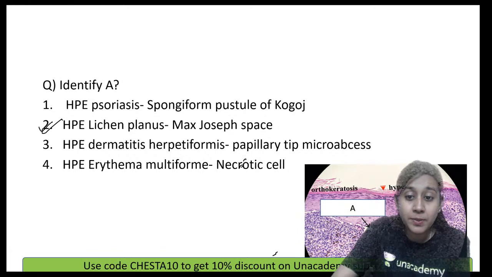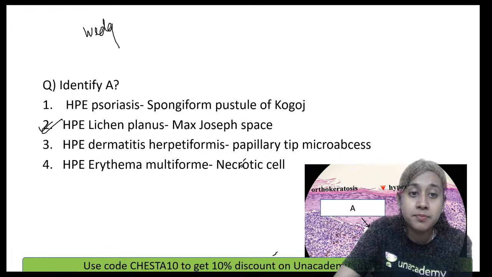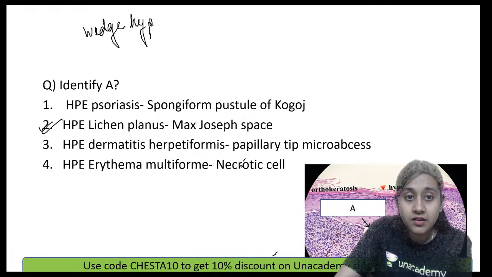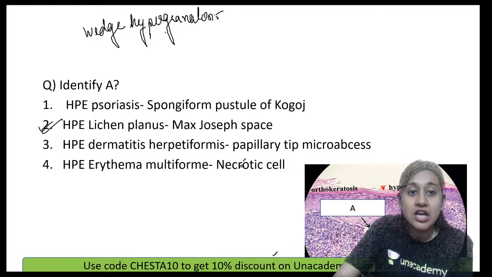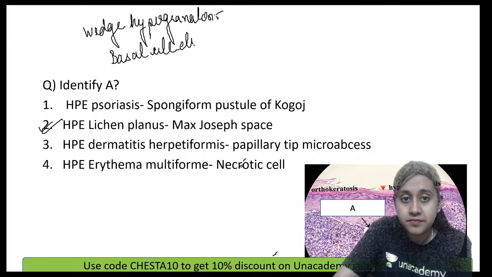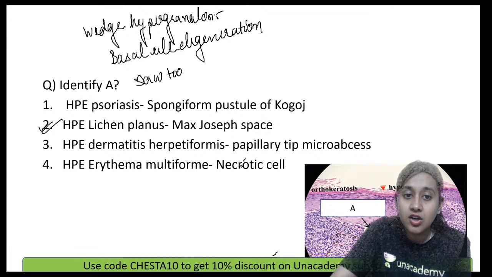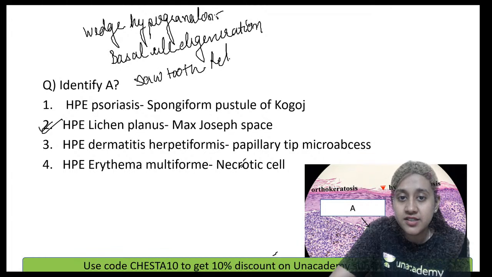What are the other histopathological features of lichen planus? This is wedge shape hypergranulosis. You will have basal cell degeneration. You will have sawtooth appearance of the rete ridges.